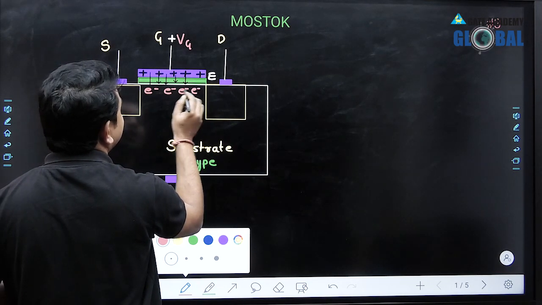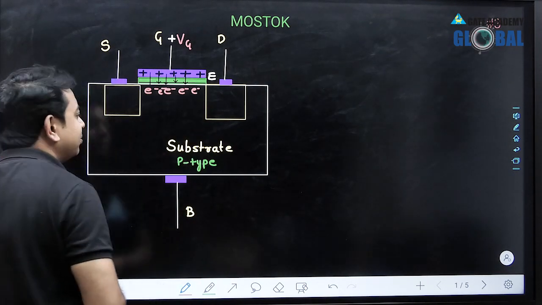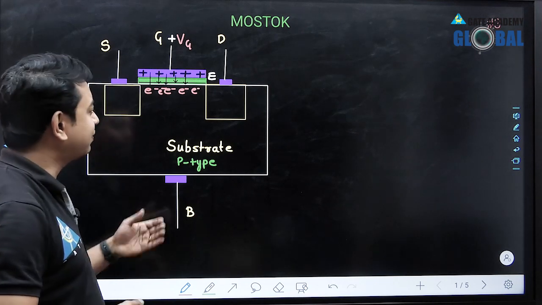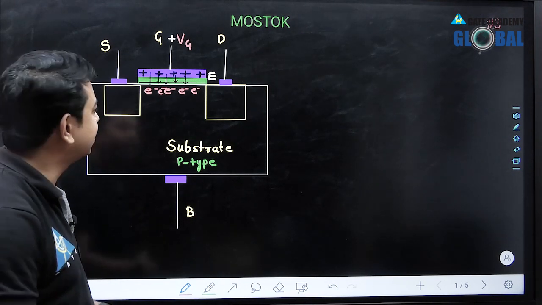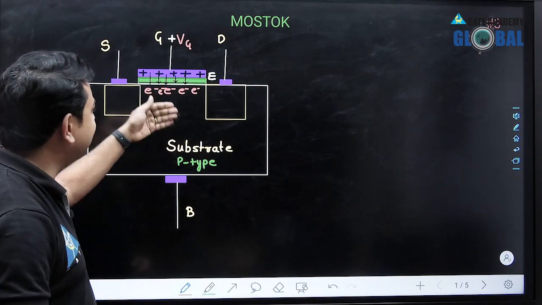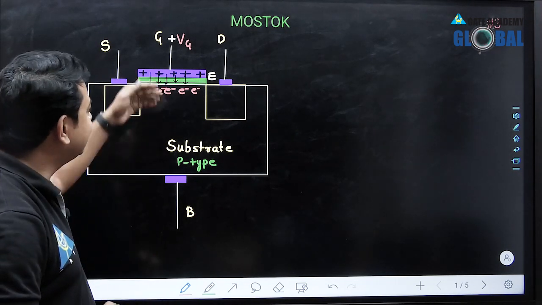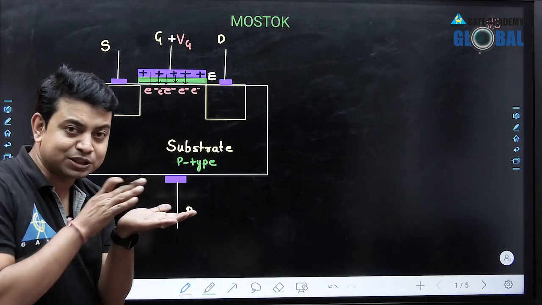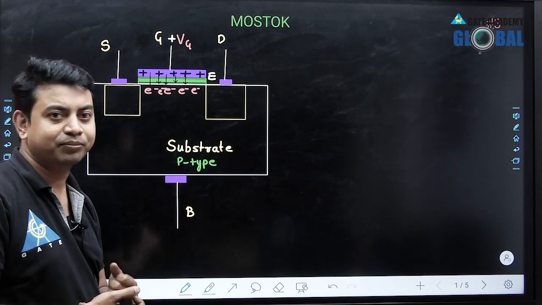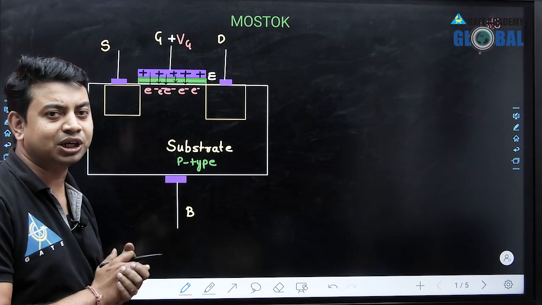So this is the layer of electrons present on the top surface of the semiconductor. Because of this positive and negative charge, we have an electric field across these 3 layers, that is metal, oxide and semiconductor.